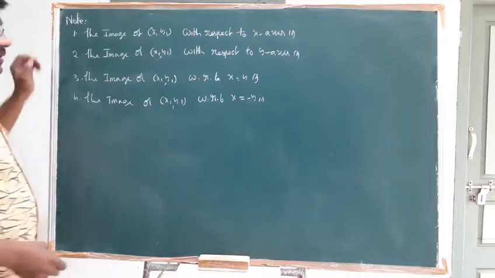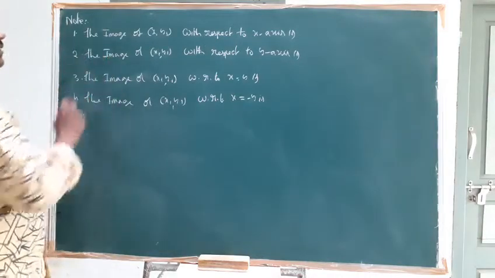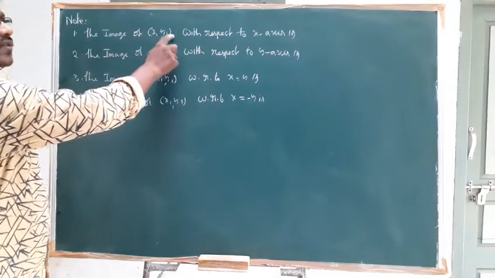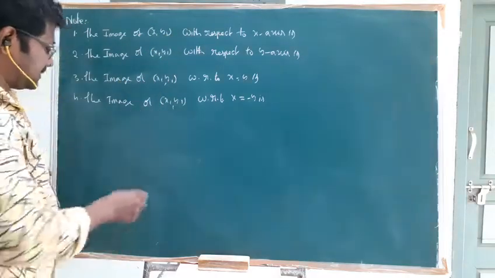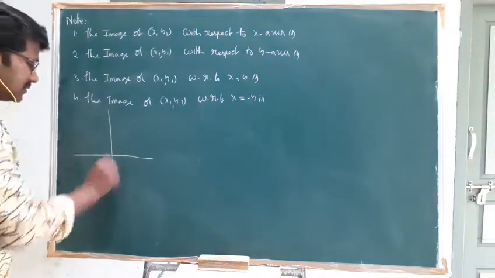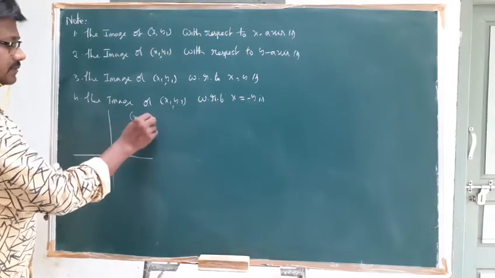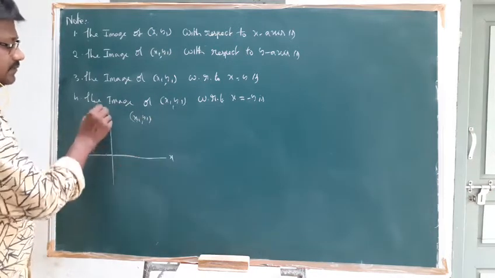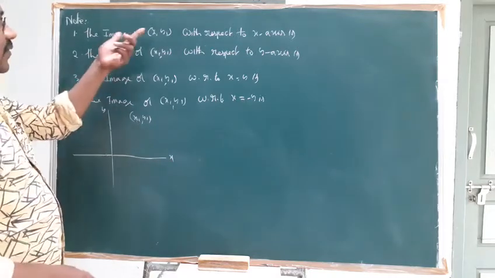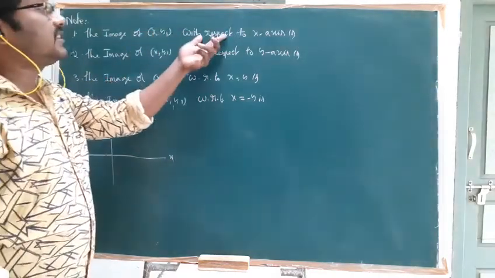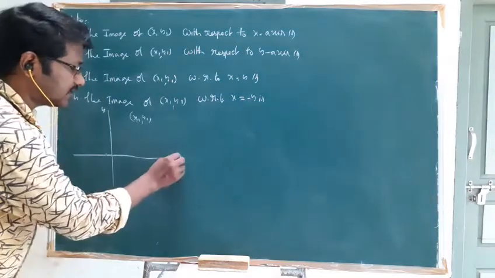Next, see children, next note points. First one, the image of x1, y1 with respect to x-axis. See here, this is x-axis, this is y-axis. x1, y1 taken as a point. Image of x1, y1 with respect to this x-axis.